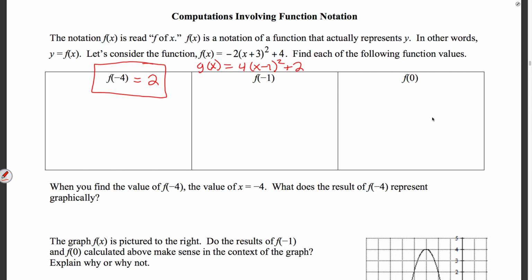Austin, what do you got? I've got f equals 0.5. Well, I don't need you to calculate anything. This should be something you tell me just by looking at it, and it should pop out like that.